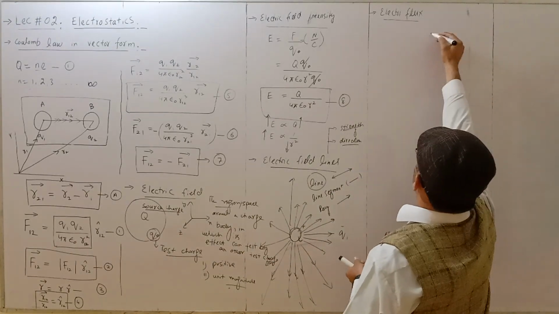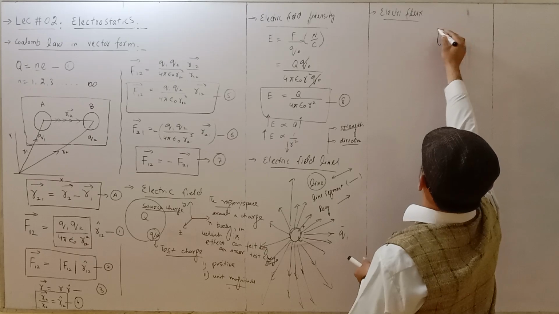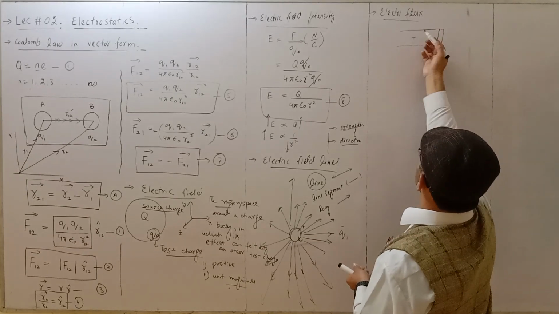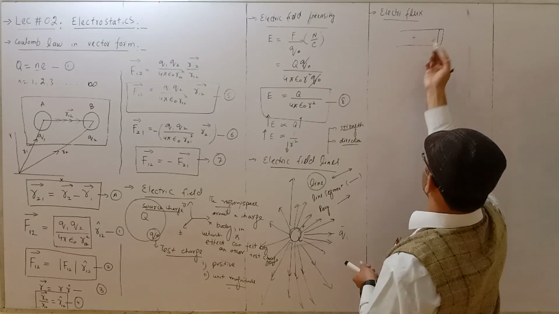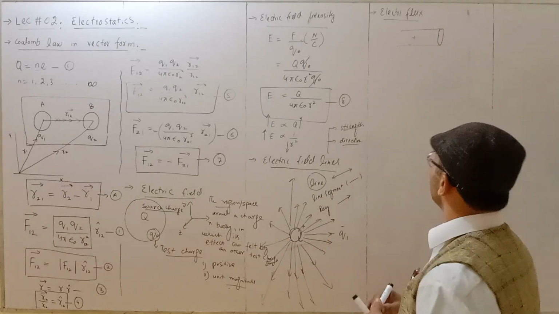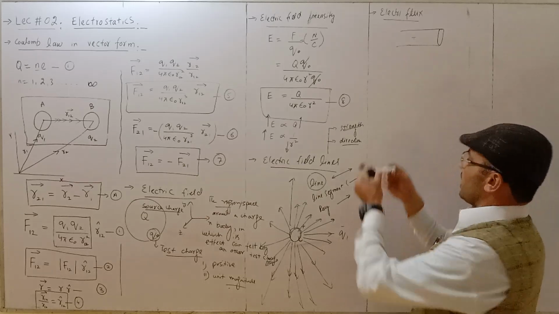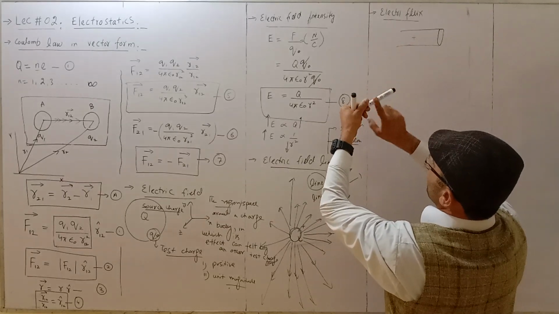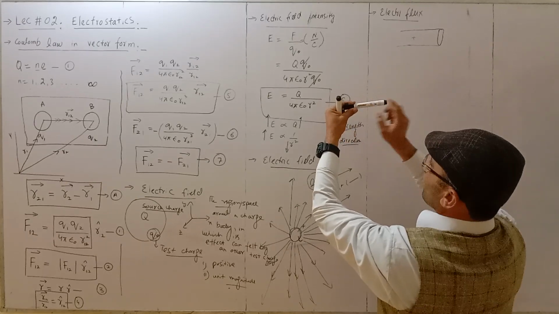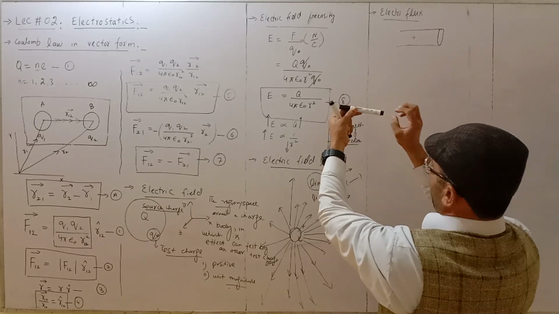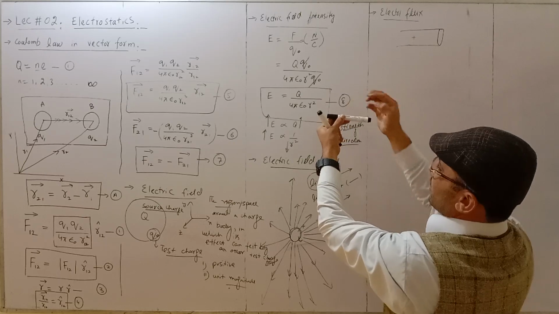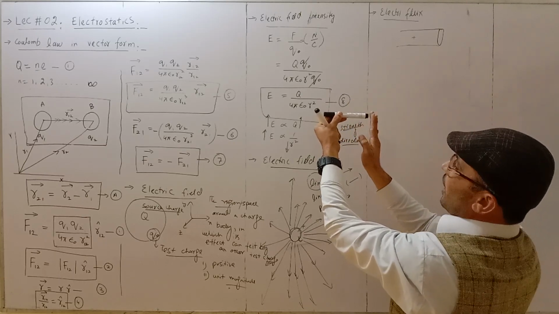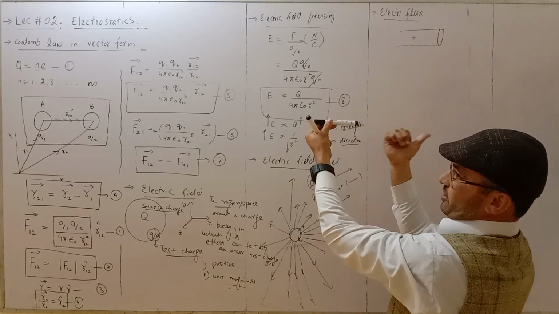For example, if I have a pipe, and I place a positive charge inside it, just like a marker. The marker's outer area is called the surface area. If any fluid is present in the marker, then the fluid will emerge from this area, and this area is called the cross-sectional area.